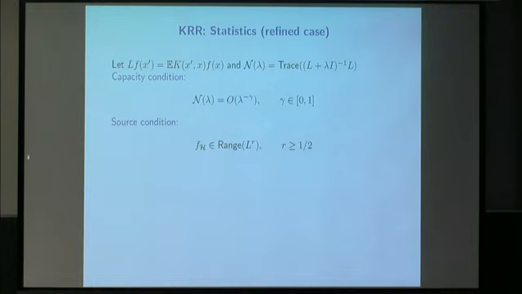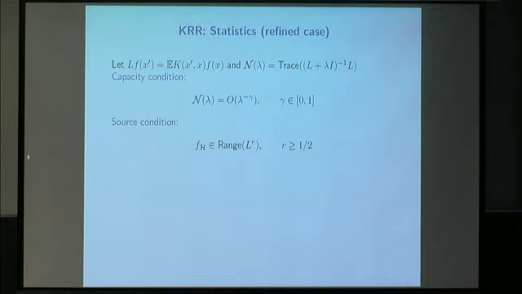And we assume that it depends on this parameter gamma between 0 and 1, and it's essentially a way to control the eigenvalue decay of the operator L. So if gamma is close to 0, the problem is finite rank. If gamma is 1, it is no assumption, since it just recovers the basic case we have seen before.